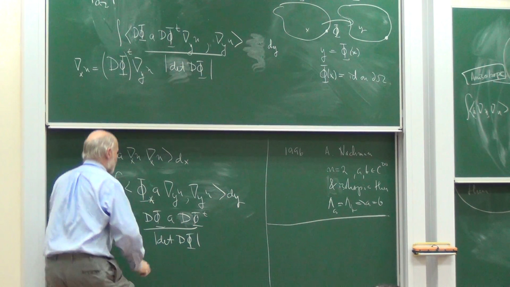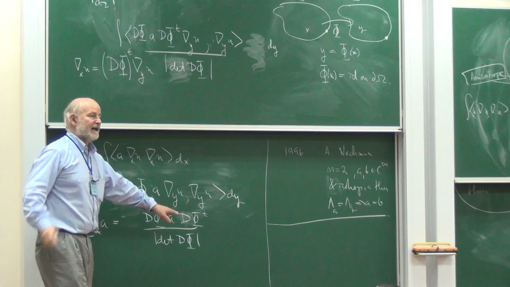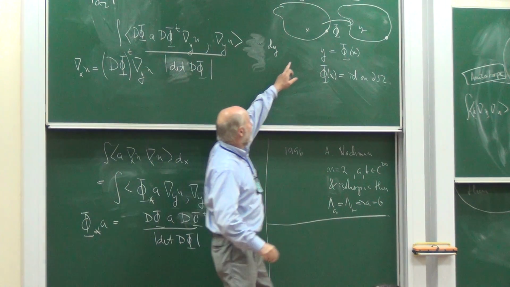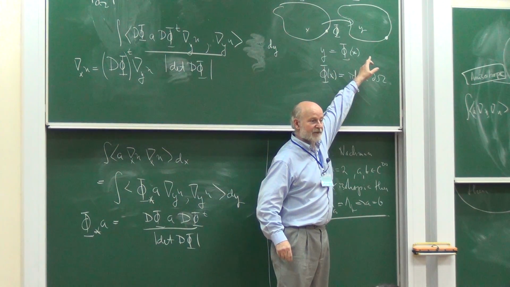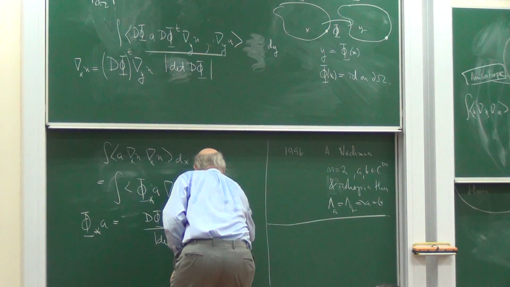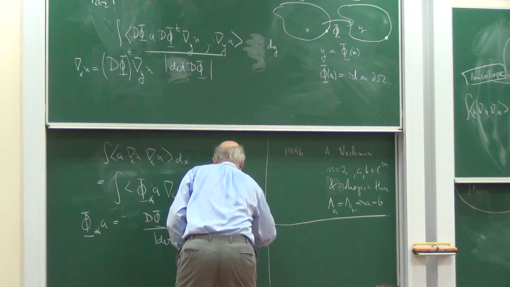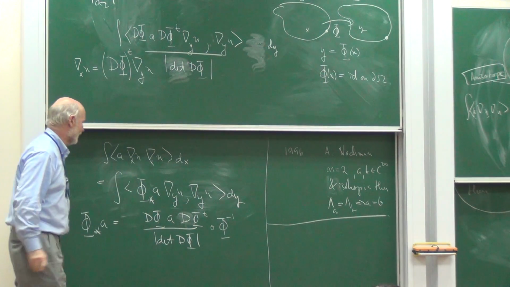And then this, of course, all gets taken at x, and x is phi minus 1 of y. So it's composed with phi minus 1, because I have to go back in x coordinates to pick it up.